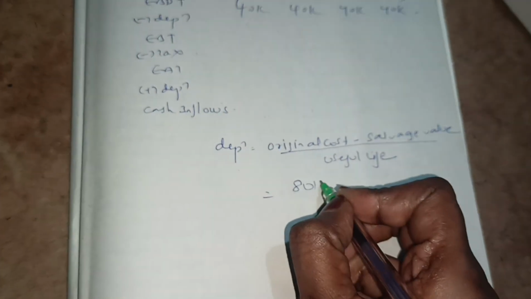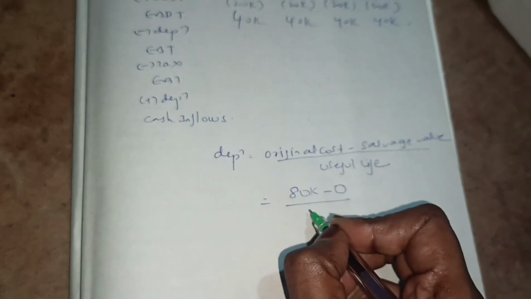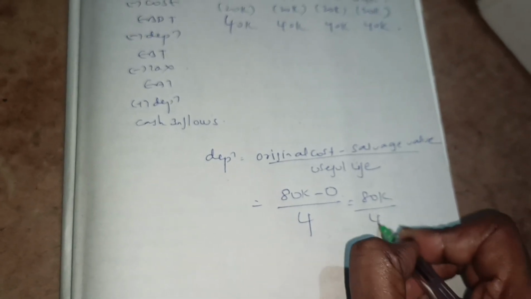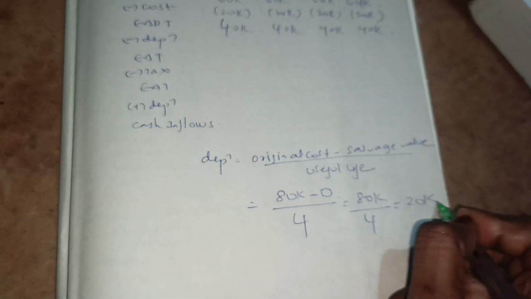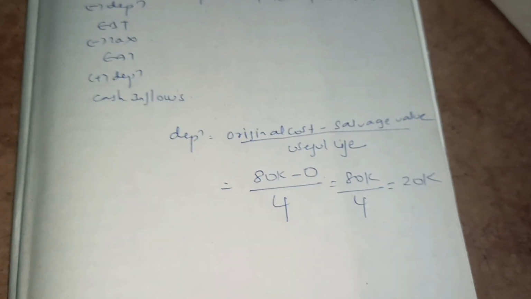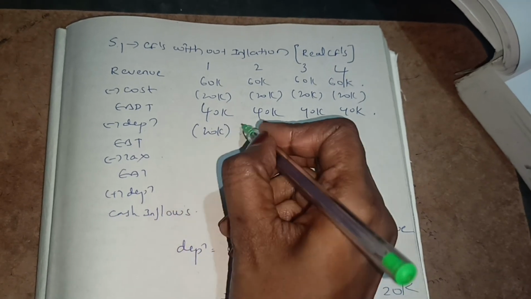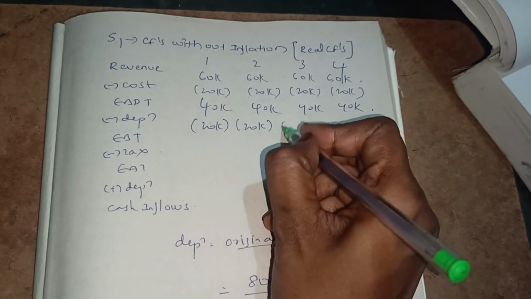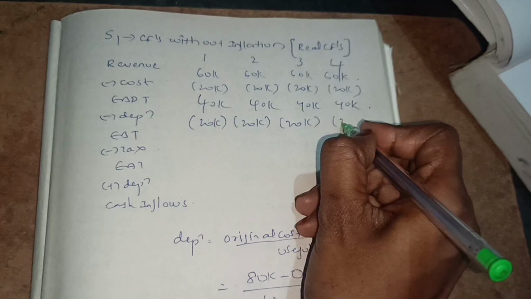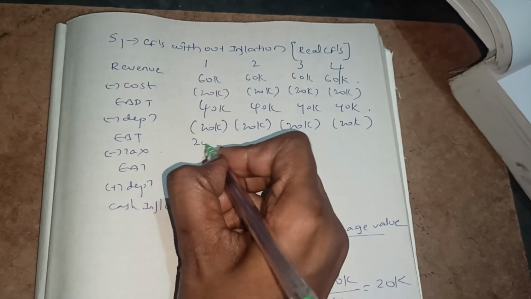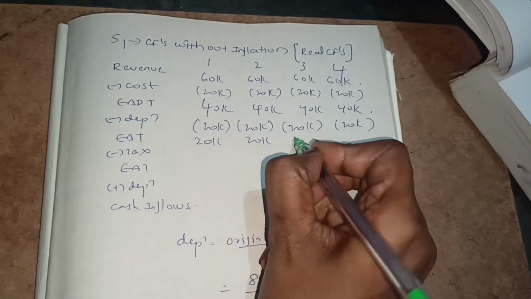So the depreciation will be 80,000 minus 0 divided by 4. So 80,000 divided by 4 is equal to 20,000. So now here we will deduct depreciation per annum or per year, 20,000. So we will be getting EBT 20,000 each year.